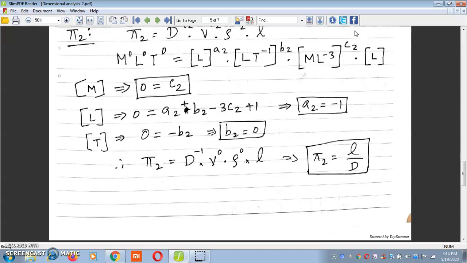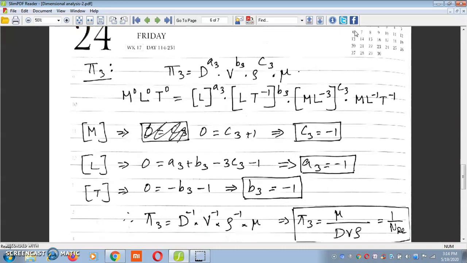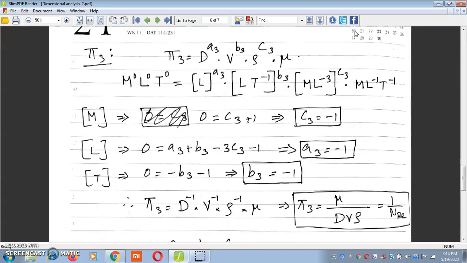Similarly, I solve the pi 3 term also. So here the pi 3 term comes to be mu by d v rho. We know d v rho by mu is called a Reynolds number. So pi 3 is nothing but 1 by NRE, inverse of Reynolds number. See, we are getting some meaningful dimensionless numbers.